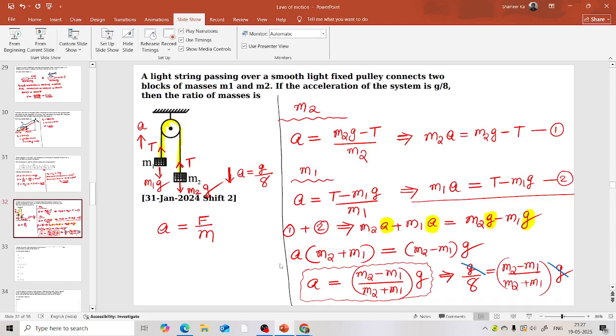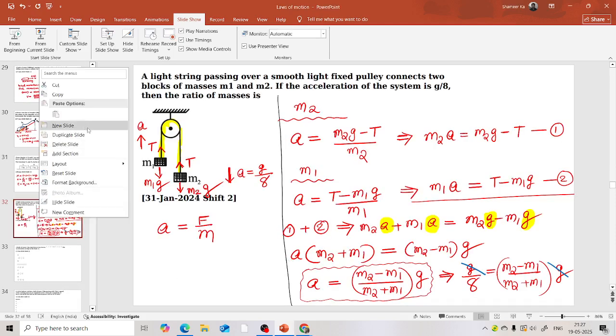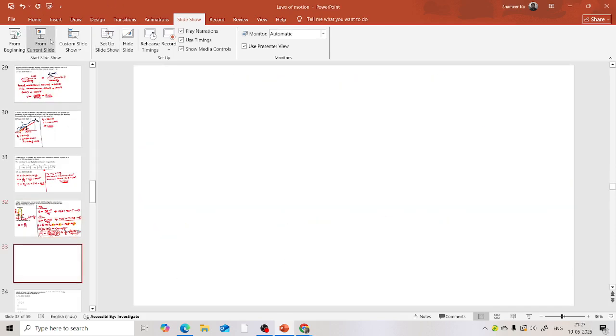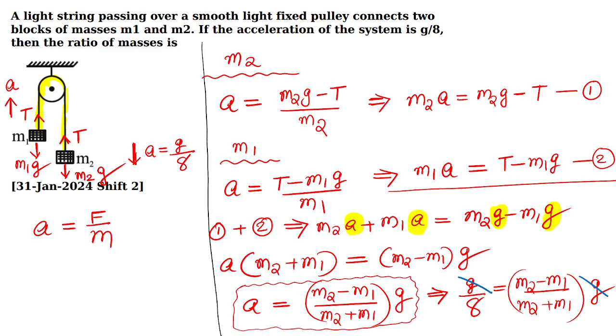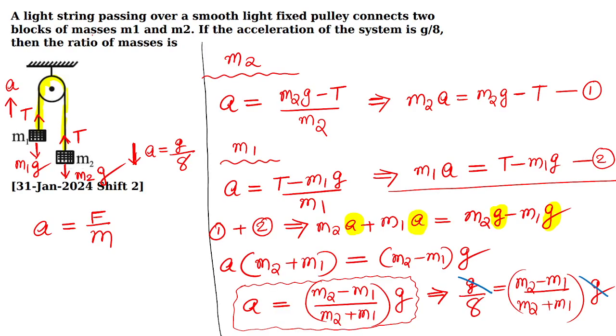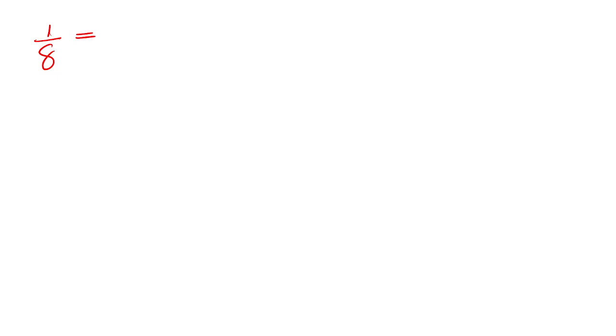I want a new page here, one minute. So in the previous step g is cancelled, so the left side is 1 by 8 and the right side is m2 minus m1 by m2 plus m1. I want the ratio of the masses.